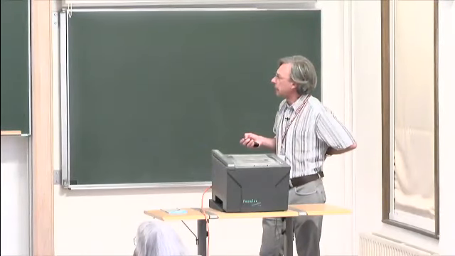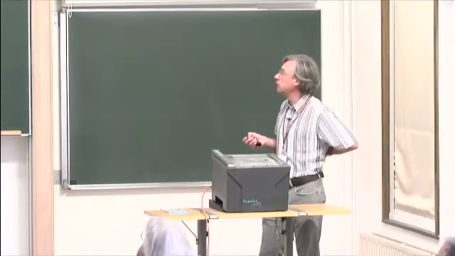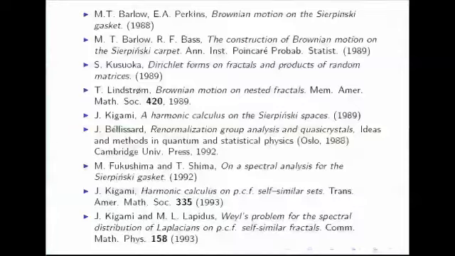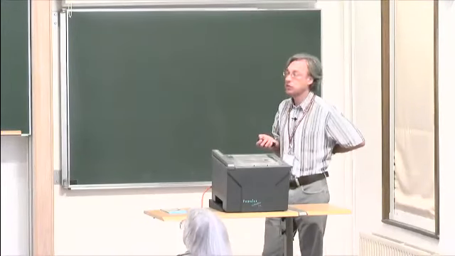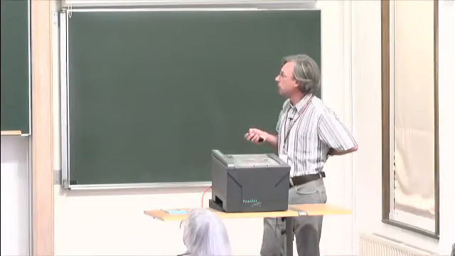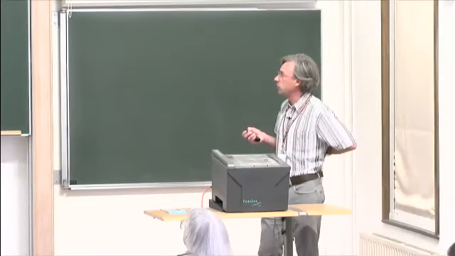Then after that, there was some interest in physics, but maybe even more interest in the probability community, because this diffusion process was something unusual, and a lot of people started to study it. Barlow and Perkins obtained sub-Gaussian transition density estimates for the Sierpinski gasket, and then the next year Barlow and Bass proved existence of Brownian motion on the Sierpinski carpet, which is a much more universal object. But what was unfortunate is that they could not prove uniqueness.